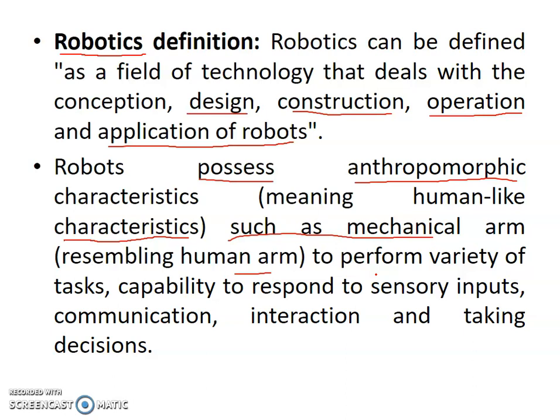By using those sensors we can see something, and we can communicate with voice sensors. The robot can interact with other devices or with a human being, it can take instructions from the human being and do the task, and sometimes it can take decisions also. So this is the robot and robotics.